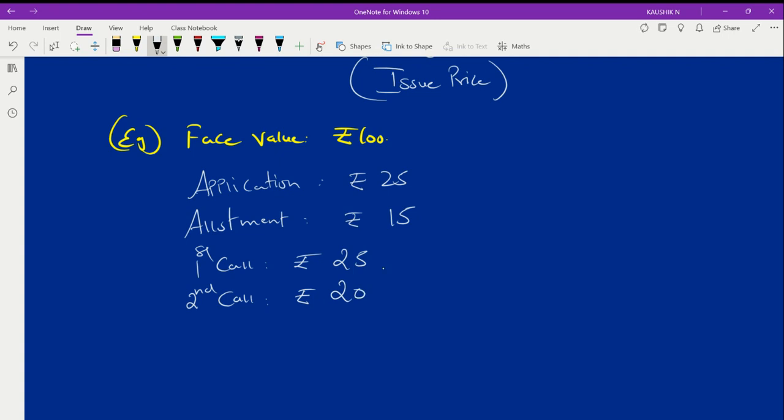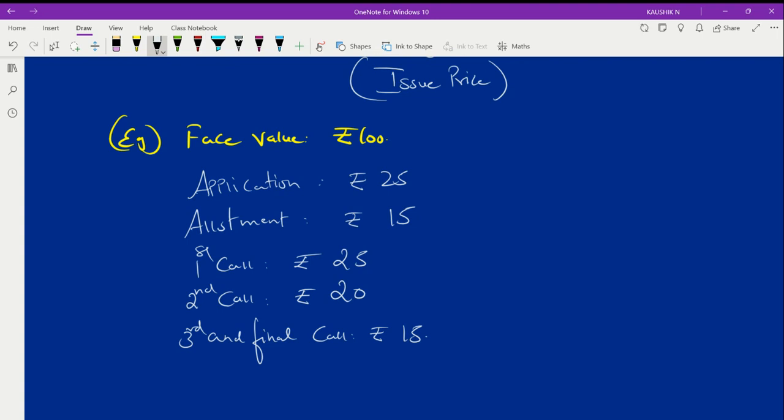So how much altogether have you received as of now? 25 plus 15 gives you 40. 40 plus 20 gives you 60. 60 plus 25 gives you 85. The last 15 rupees is there, so you can transfer it to the third and final call, rupees 15.